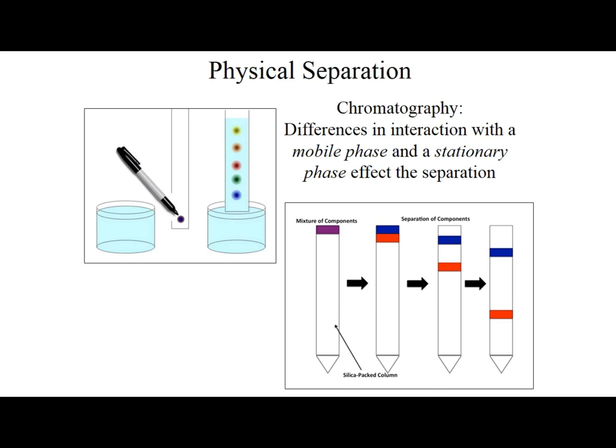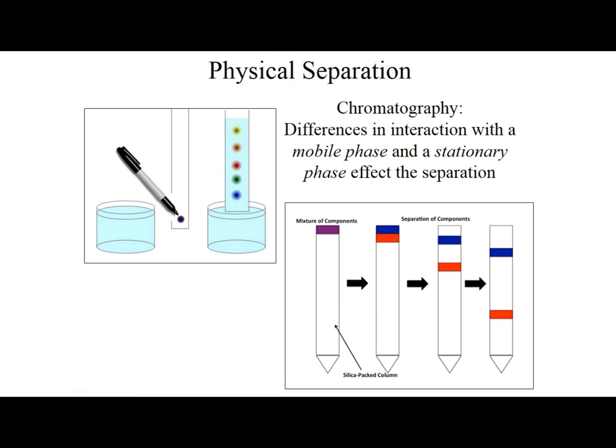The bottom right-hand side is another type of chromatography called column chromatography. In this case, it's very similar, but instead of using paper, you use a white powder, and you put the mixture at the top instead of at the bottom, and then it travels down the column. You can see that what was once a purple mixture separates into red and blue components, and they travel down the column at different speeds.